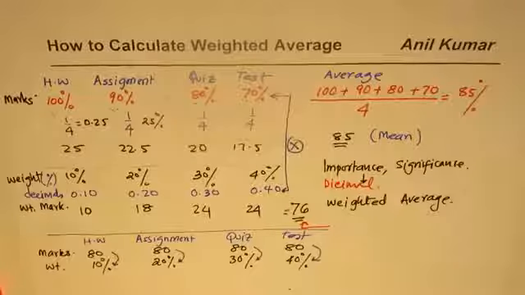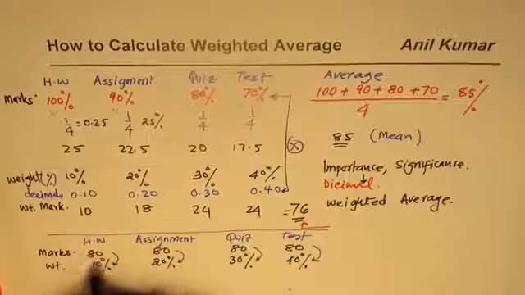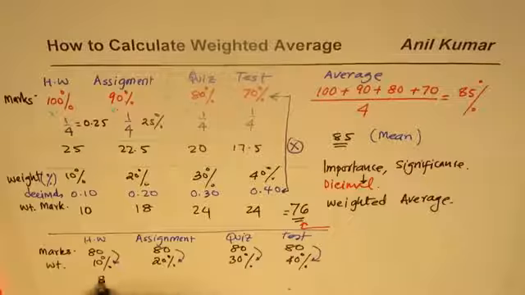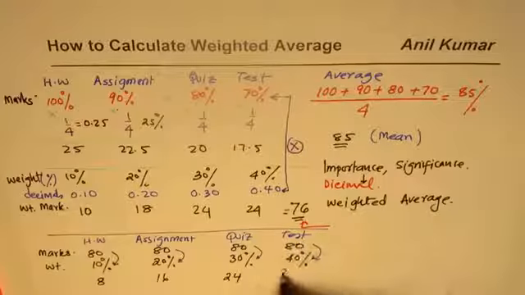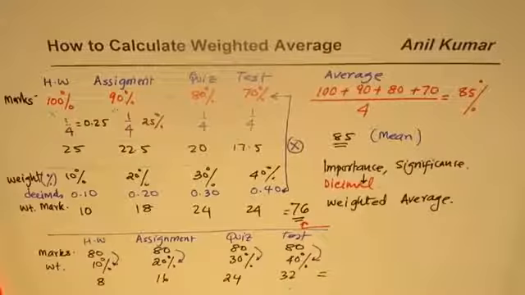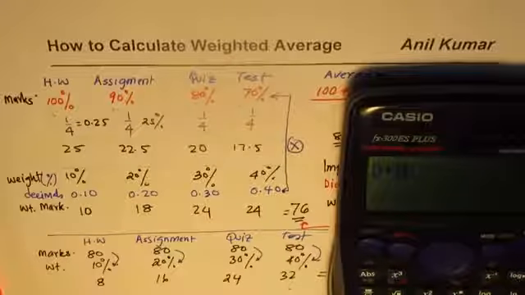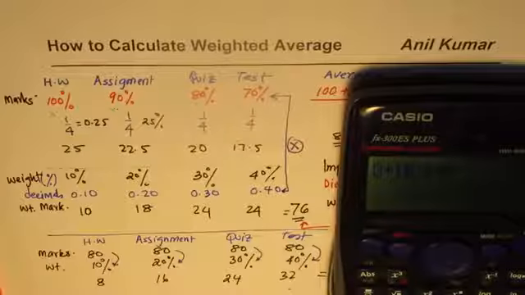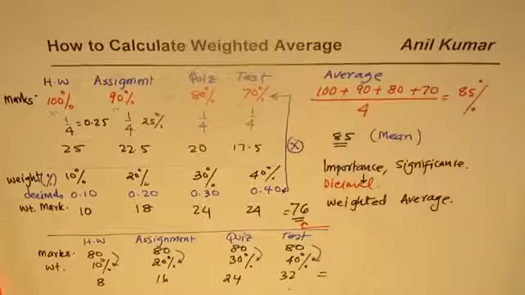So let's multiply 80 with 0.1. So what do you get? 80 with 0.1 is 8 for you. 8 times 2 is 16. 8 times 3 is 24. 8 times 4 is 32. Let's add them up. So we get 8 plus 16 plus 24 plus 32 equals 80. Do you see that?